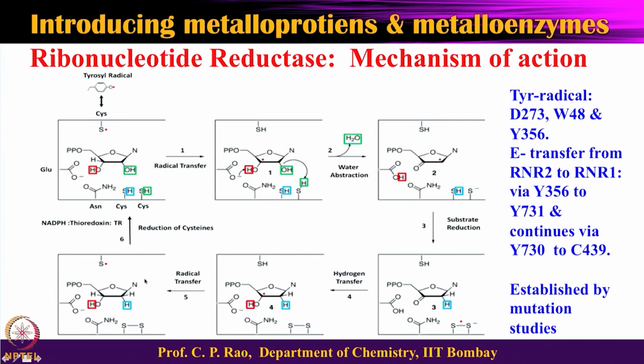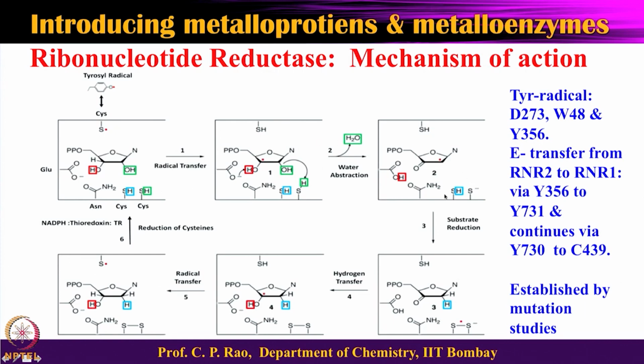And this is further reduced by some other, the thioredoxin, NADPH thioredoxin. So, the thioredoxin is another enzyme, that enzyme gets and brings it back to the normal. Okay? And this is how it is.